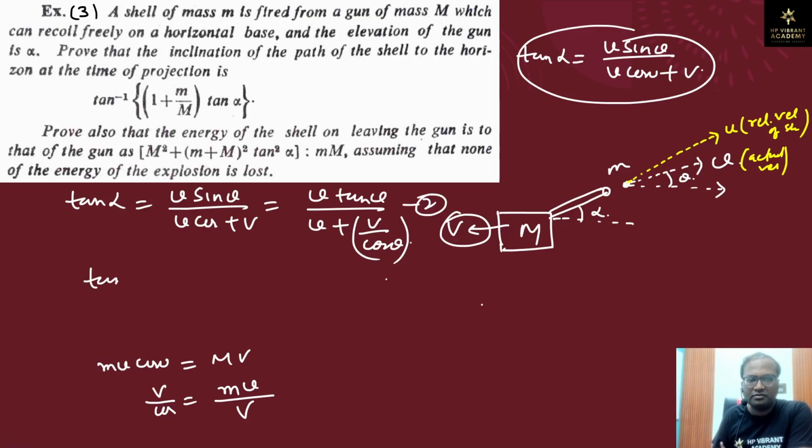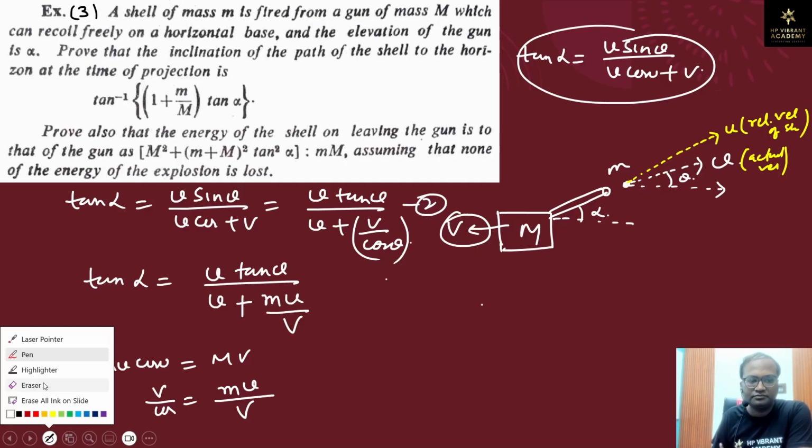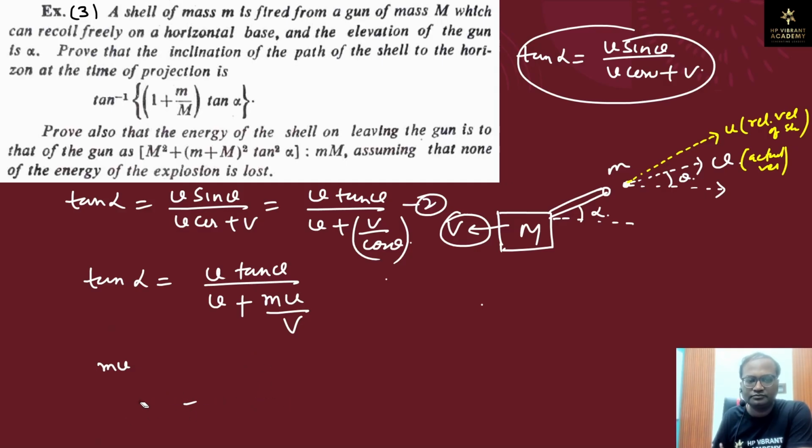So we have tan alpha is equal to small v tan theta upon small v plus capital V upon cos theta, with capital V upon cos theta replaced by small m small v upon capital M. The small v gets cancelled.